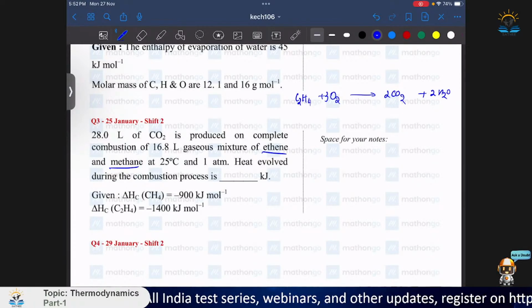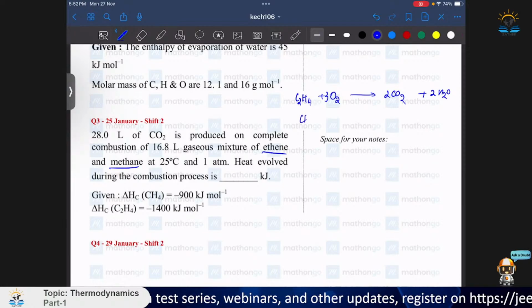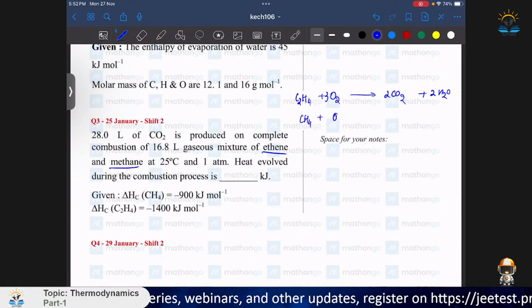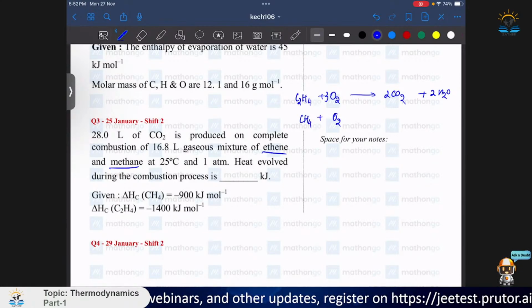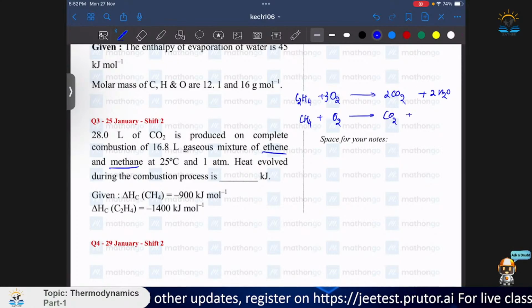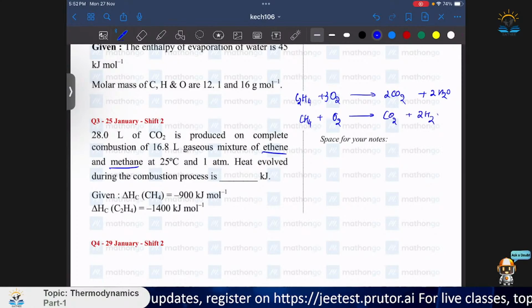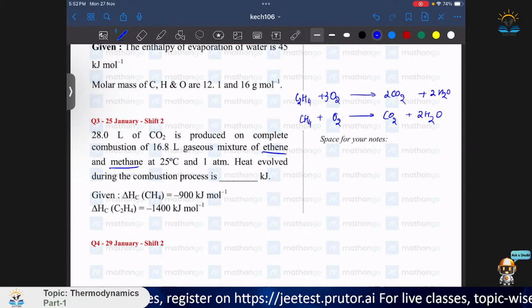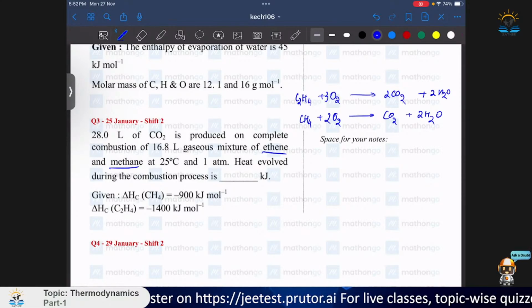Next, methane, CH4, is burnt in oxygen to form CO2 and 2H2O, because CH4 is there. This will be requiring 2 moles of oxygen.